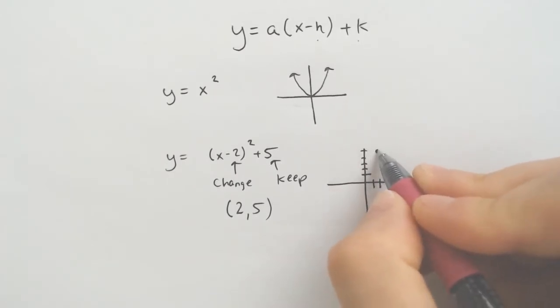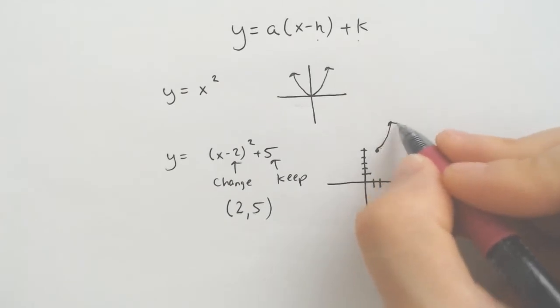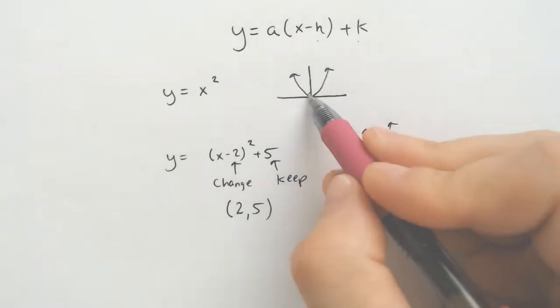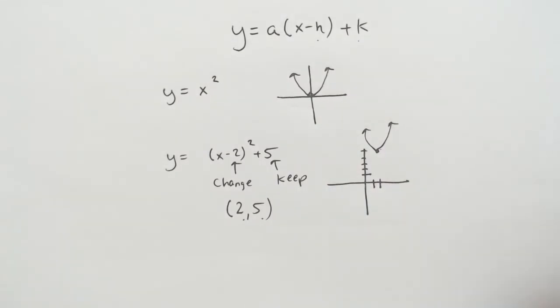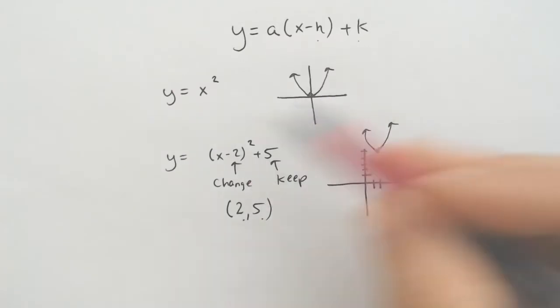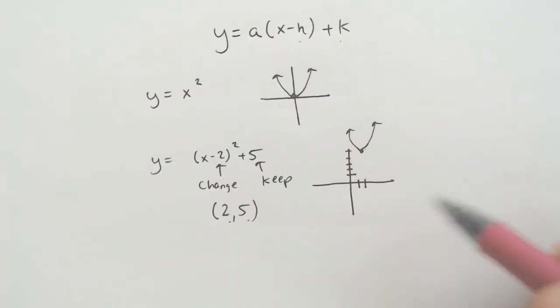And I get my transformation. Because originally it was right here at (0, 0). Now it went to the right by 2 and up by 5. So you're starting to see that these transformations are actually just the vertex. Okay? So we're going to mess around with that. We're going to do some different functions, but it's going to generally stay that way for this video.